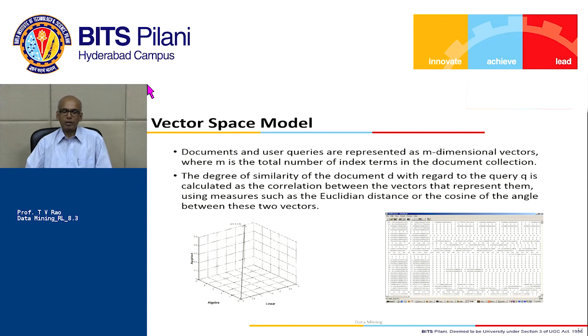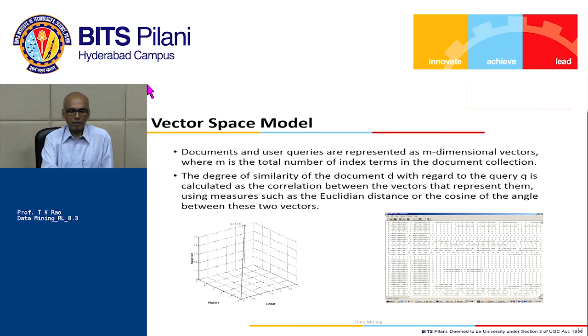So here we represent the documents and queries as n-dimensional vectors. Each document is represented by a vector, and within the vector each term represents possibly the frequency or something related to the word or the keyword.